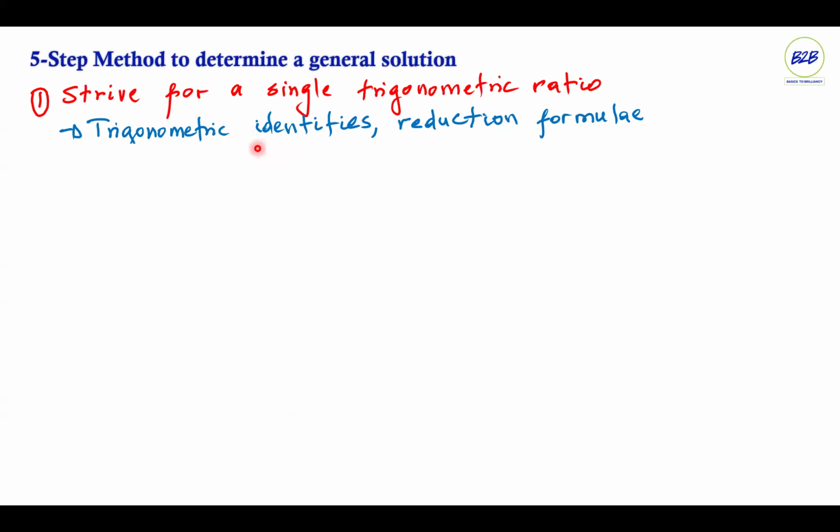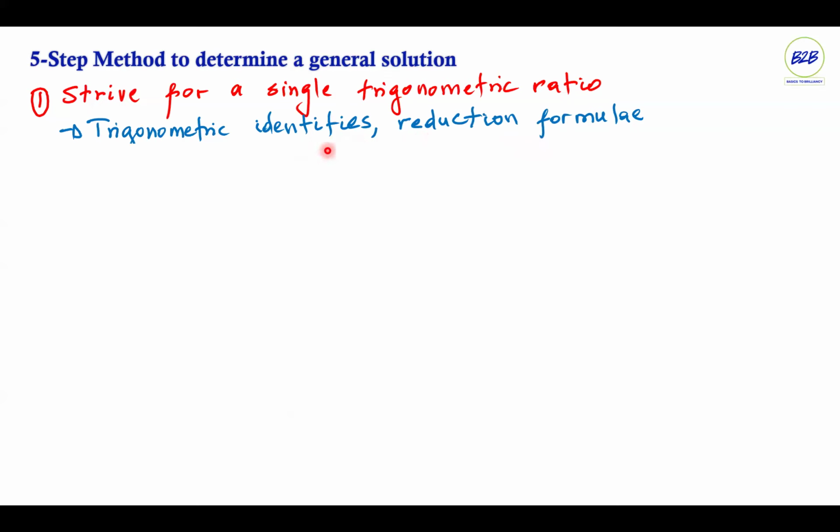So you can catch up on that episode to get a firm understanding of trigonometric identities. Also, we can use what we refer to as reduction formulae, which are found within the CAST diagram. Also, you can catch up on that using episode 1 of this series. Those were discussed extensively in that episode.